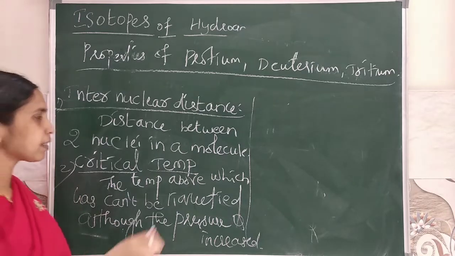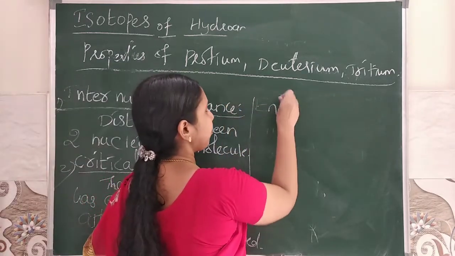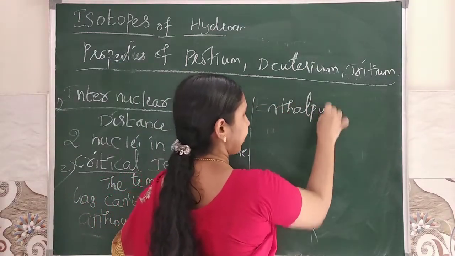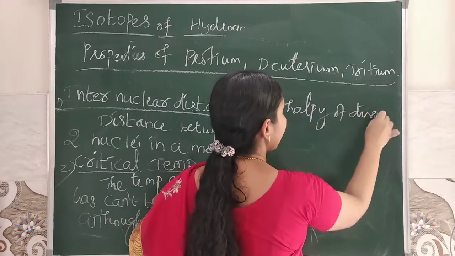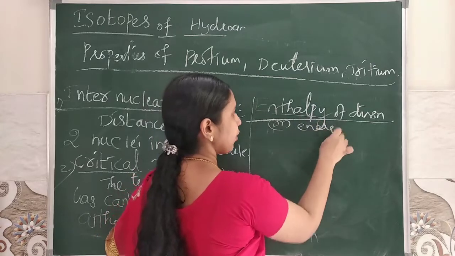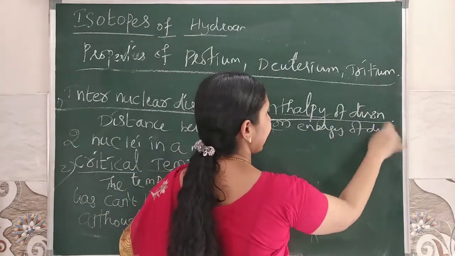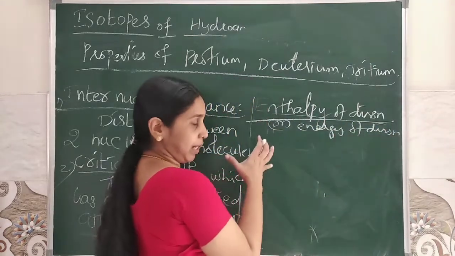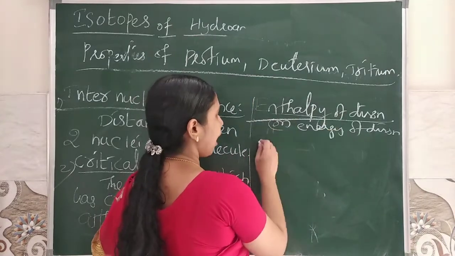Next property, enthalpy of dissociation. In your book, it is enthalpy of dissociation or energy of dissociation or dissociation energy. What is meant by enthalpy of dissociation?